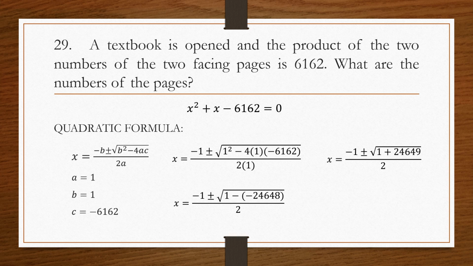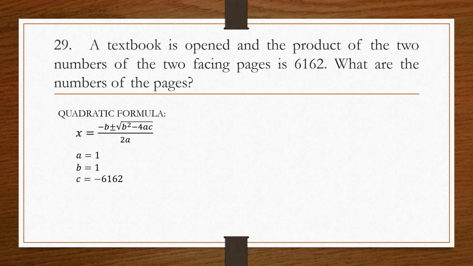To simplify this, we have x equals negative 1 plus minus square root of 1 plus 24,649 divided by 2. So, solving this using calculator, for x equals negative 1 plus 157, or yung square root ng kanina, divided by 2, we'll have x equals 78.